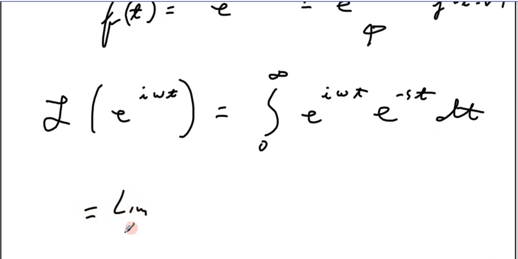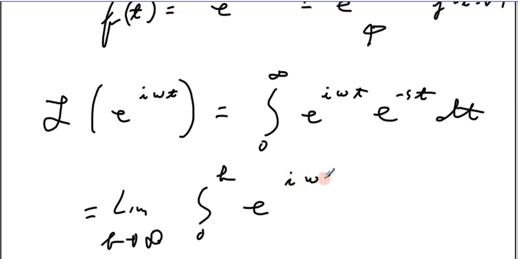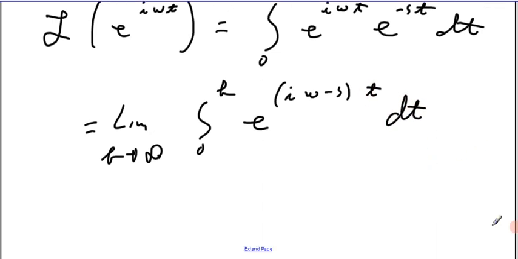Limit b goes to infinity, integral 0 to b, e to the (i omega minus s)t dt. Okay, so limit b goes to infinity, no integral, because we're going to solve it right here.